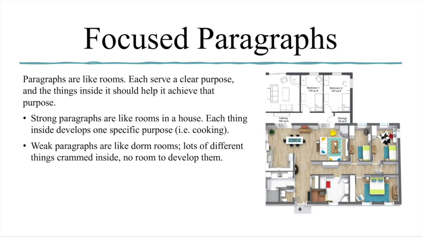So you've got your bed crammed in there, your desk, and if you have a microwave or a hot plate, so you're trying to do a lot of things in that one space, which means that you're not really able to develop any one thing. You can't truly develop a kitchen in a dorm room because you're also trying to cram your office space with a desk and your bed space with your bed and your bedroom and chairs to sit on.